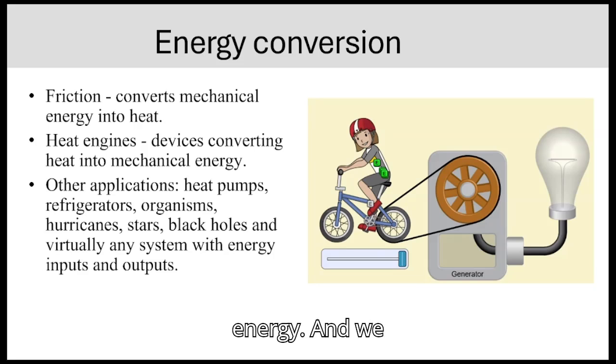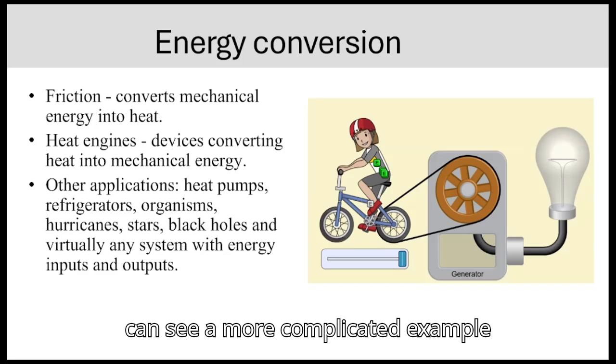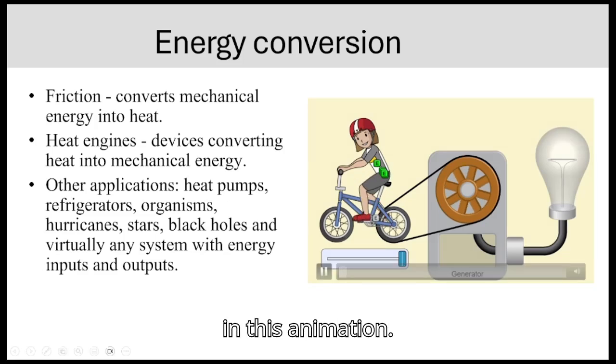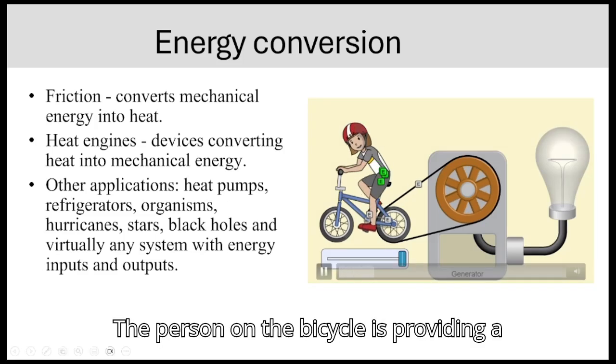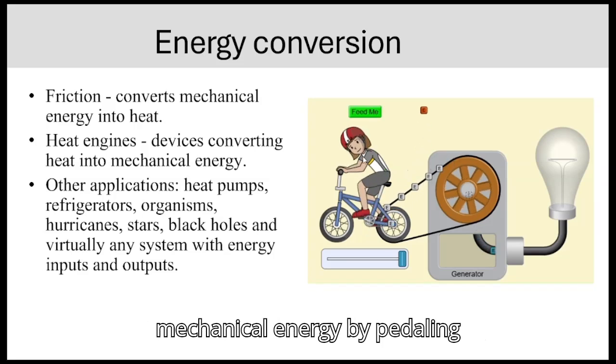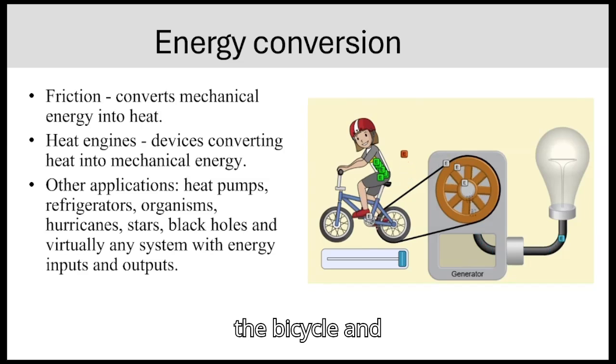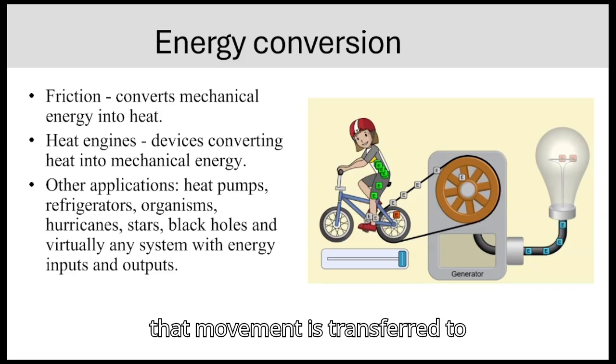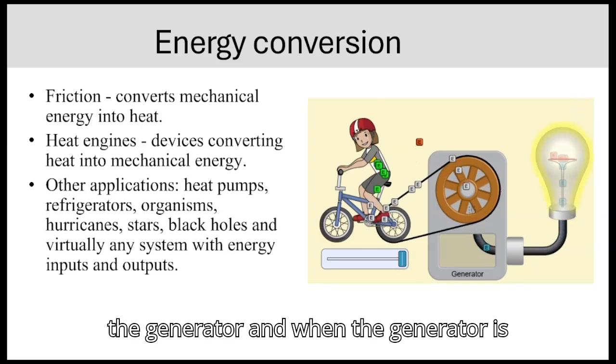And we can see a more complicated example in this animation. The person on the bicycle is providing mechanical energy by pedaling the bicycle, and that movement is transferred to the generator.